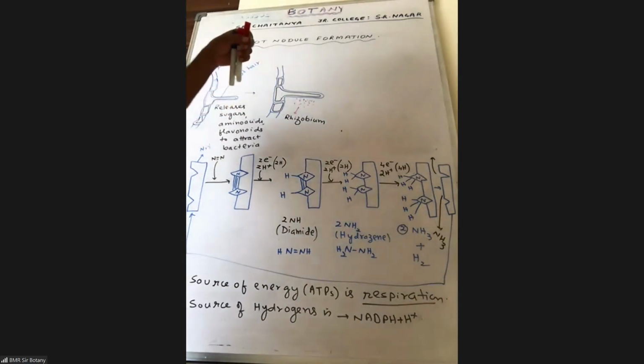So the point is Rhizobium bacteria presence in the soil is a must. A concept-oriented question is possible on this. If a legume seed is sown in sterilized soil, can it develop root nodules? No, sir. Sterilized soil is free of microbes. So if there is no Rhizobium bacterium in the soil, it's of no use. Even if it is a leguminous plant capable of forming root nodules, if Rhizobium is not available in the soil, it cannot develop root nodules.